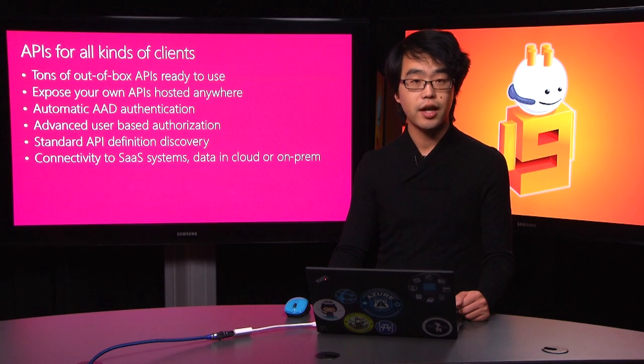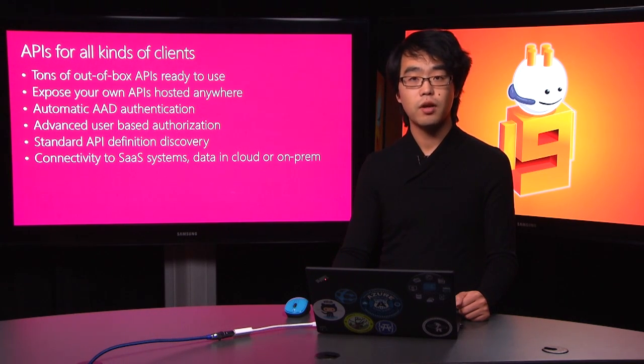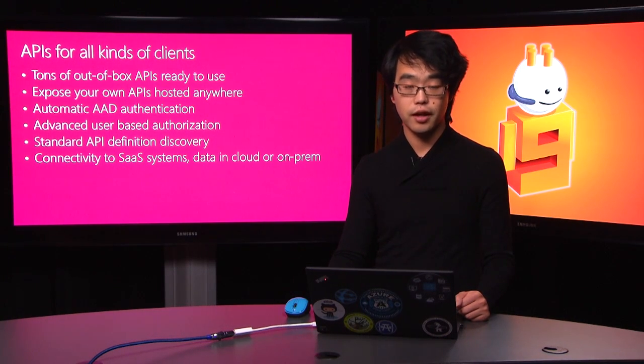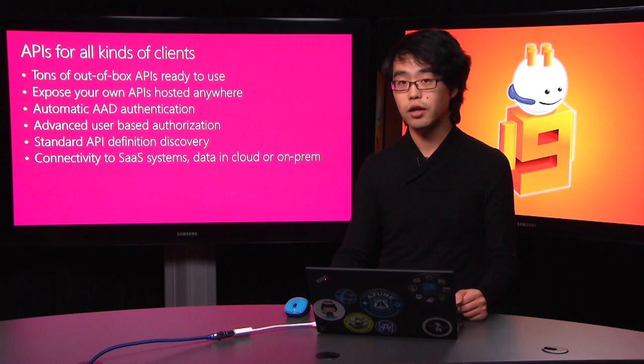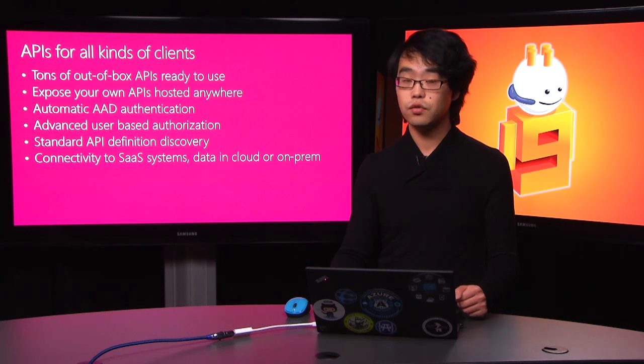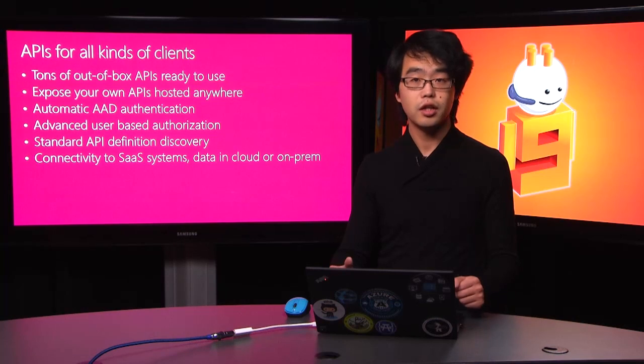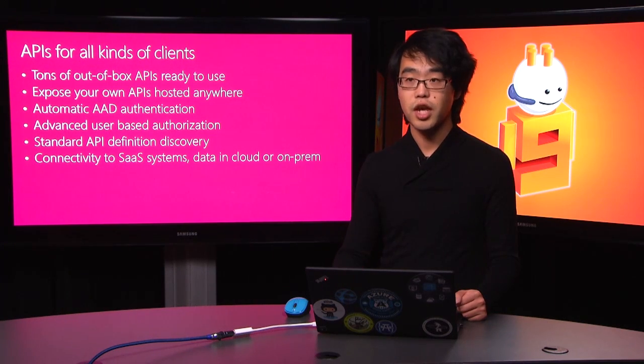The second is that if all these out-of-box APIs are not satisfying your needs, you can always expose your own APIs. And these APIs can be hosted anywhere. It can be hosted in your app service environment, in an Azure VM, in other cloud systems, or even in your on-premises systems. So anywhere, we can expose them in a standard way.